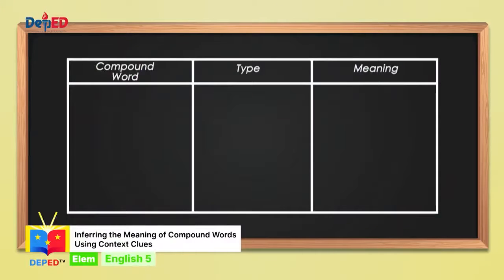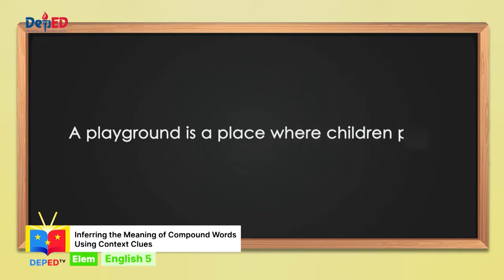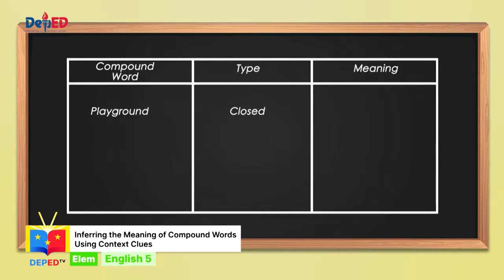Directions: copy the following chart in your paper, then fill in the needed information based on the sentences below. The first one is done for you. Example: a playground is a place where children play. Playground is a closed compound word. Playground is a place where children play.